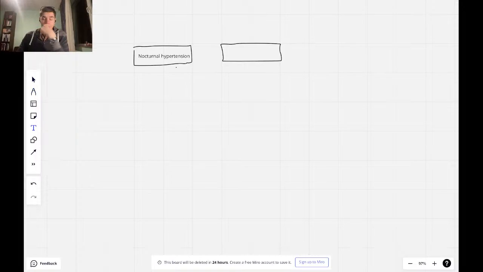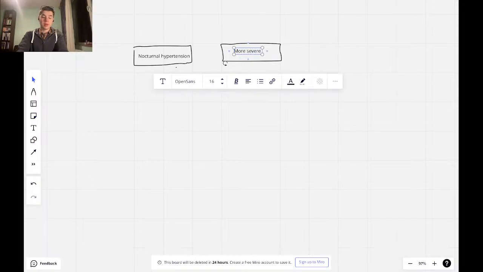Now, alongside that poor perfusion, this nocturnal hypertension leads to more severe low perfusion of the kidney.